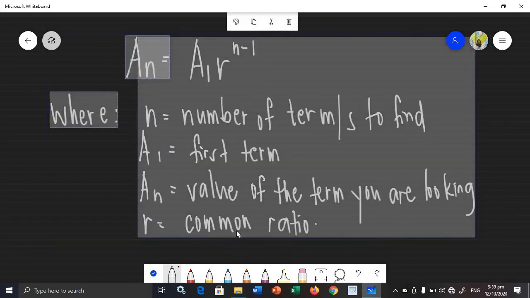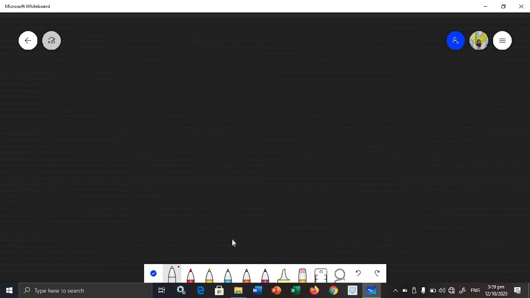So, let's try to solve some examples from your modules. The first one, sabi dyan sa module nyo, we need to find the 8th term of the geometric sequence whose first term is -6 and whose common ratio is 2. So, we need to list the given, which is dapat tatlo yung given.